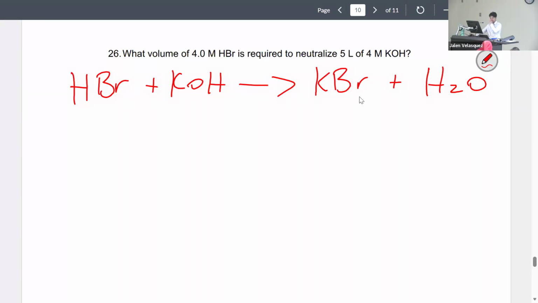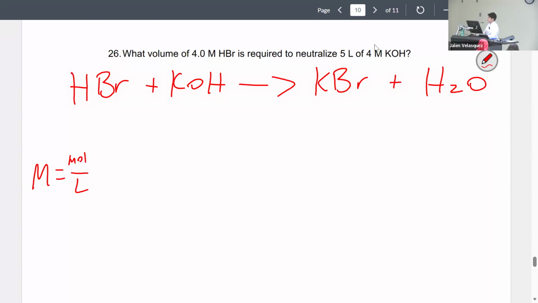So now we're going to deal with the math. With the units and numbers I'm giving you, what formula is relevant? Yeah, molarity. Let's look at KOH, because we have the most information for this base. I have molarity, so I know M is moles over liters.